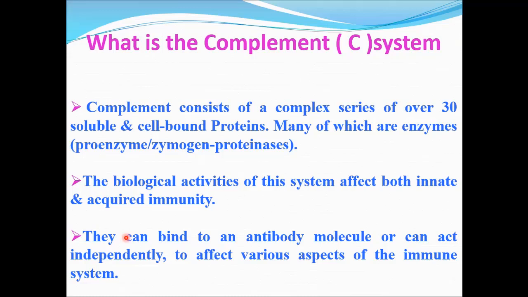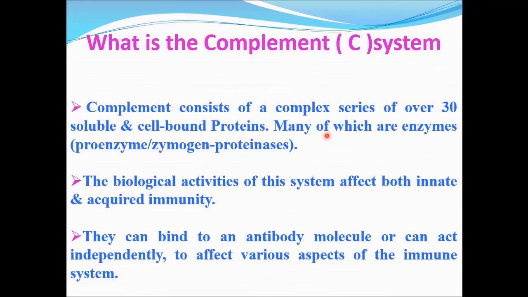The complement system consists of a complex series of over 30 soluble and cell-bound proteins, many of which are enzymes, but these enzymes are inactive in our serum, and inactive enzymes are called proenzymes or zymogens.